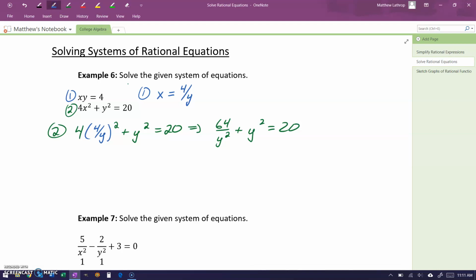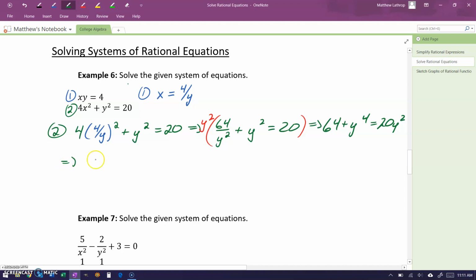From there, we'll multiply across by the common denominator, which in this case is y squared, which will leave us with 64 plus y to the 4th power is equal to 20y squared.